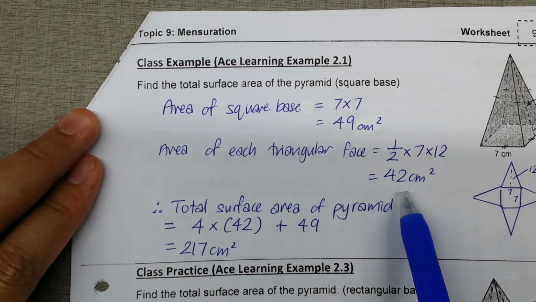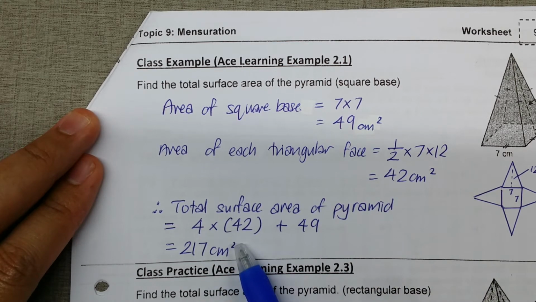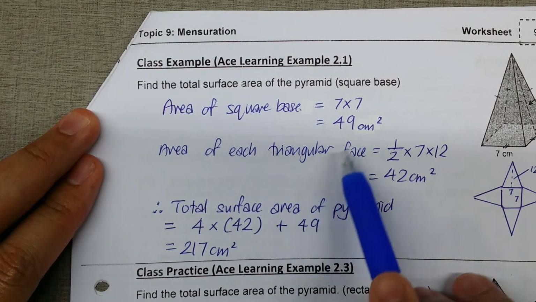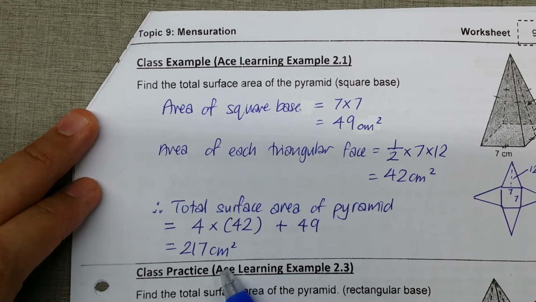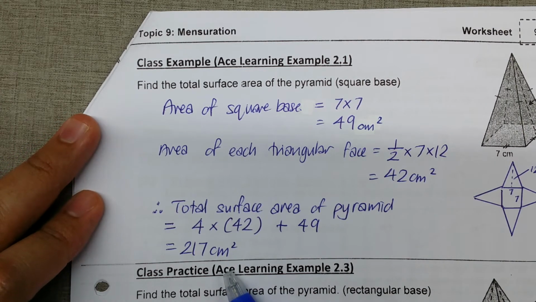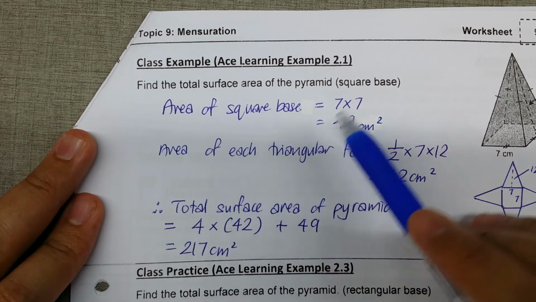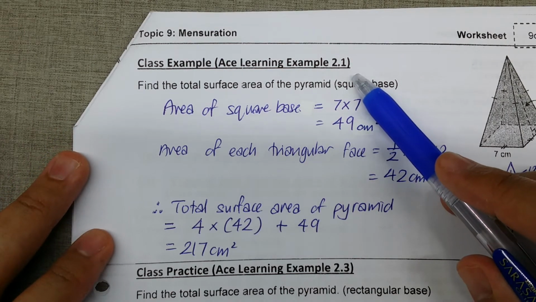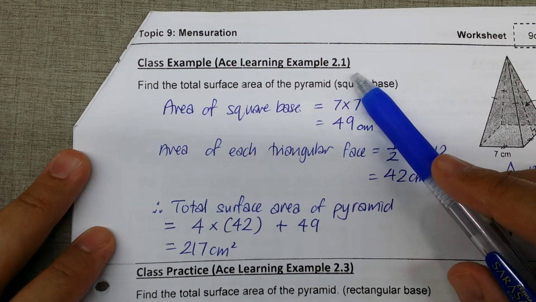Each triangle face area is 42. So I just use 4 times 42 plus 49, which is the square base. I will get 217 cm square. ACE Learning example 2.1. If I'm too boring, you can look at the video on ACE Learning.